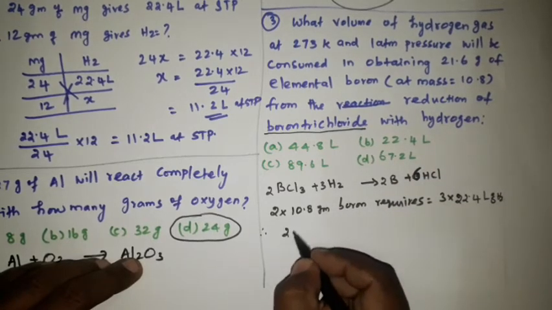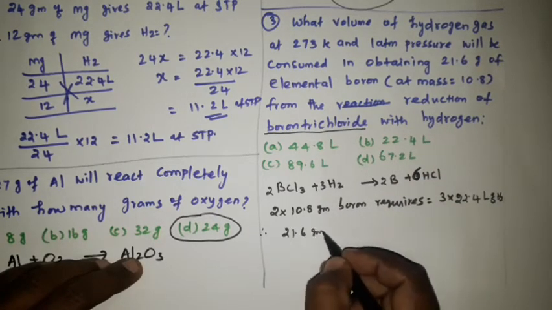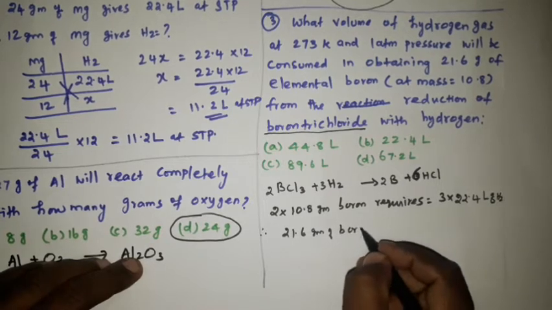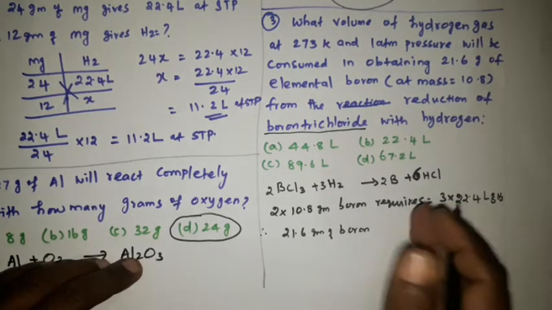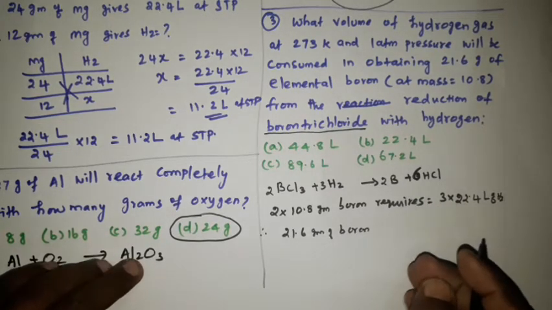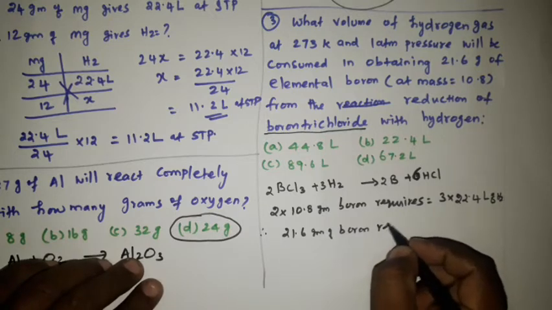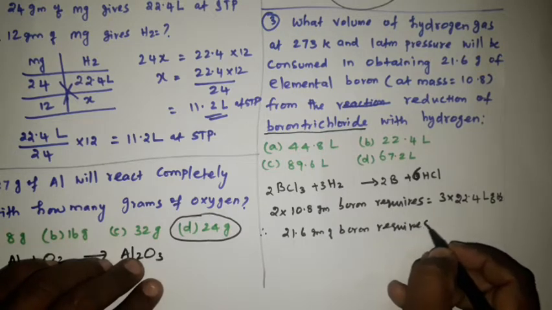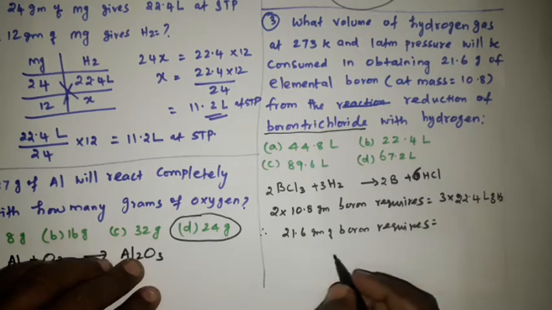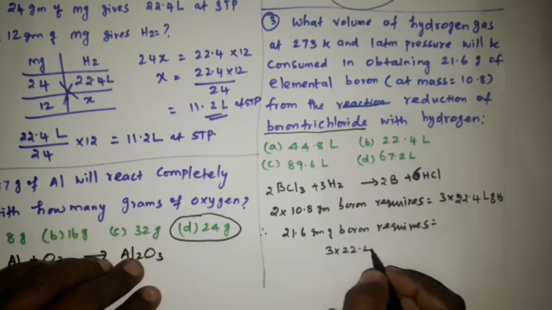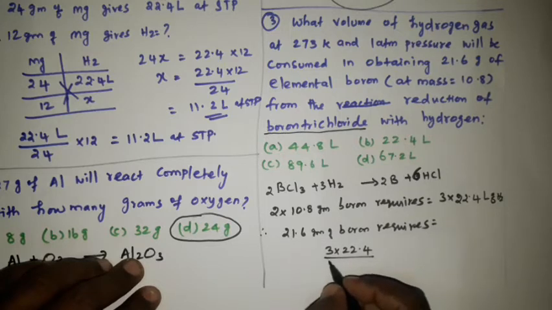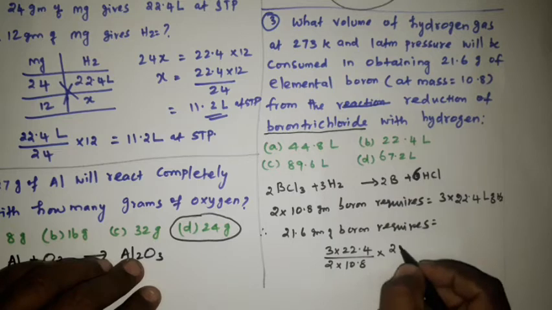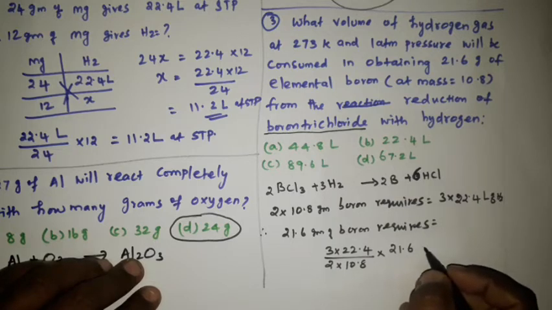21.6 gram of boron requires how much volume of hydrogen? Requires 3 into 22.4 divided by 2 into 10.8 into this 21.6 gram.